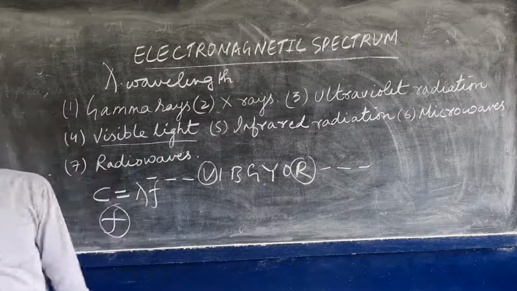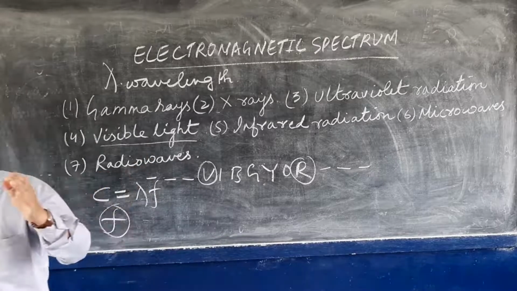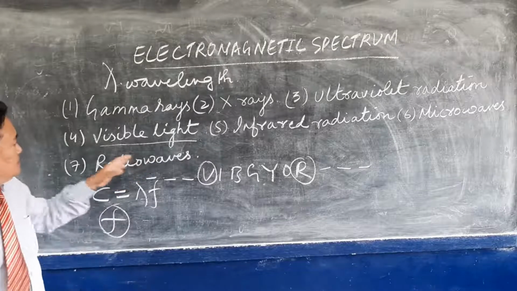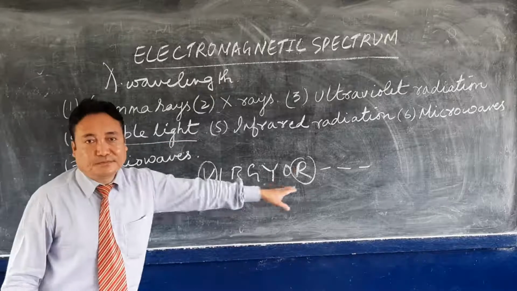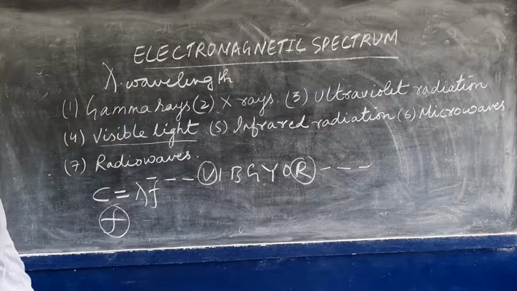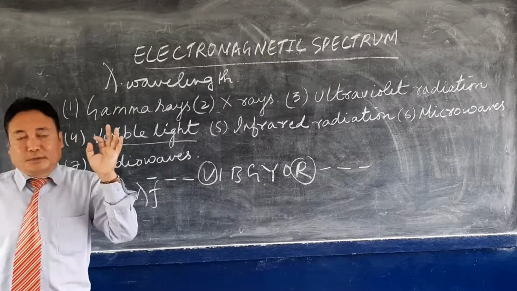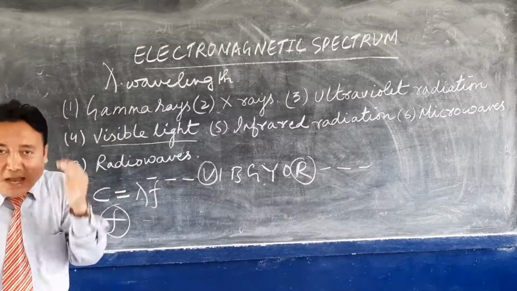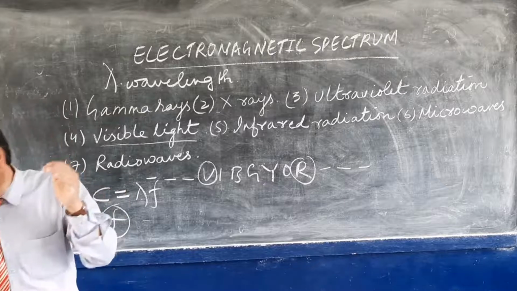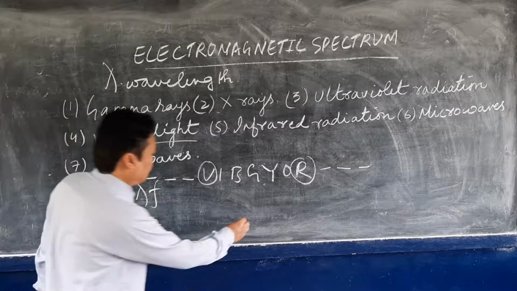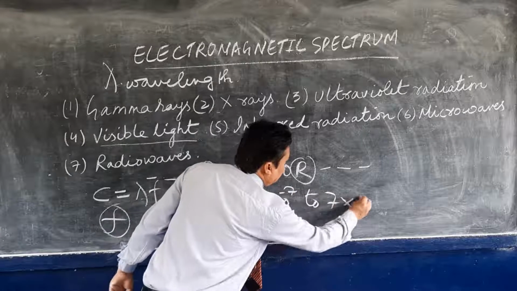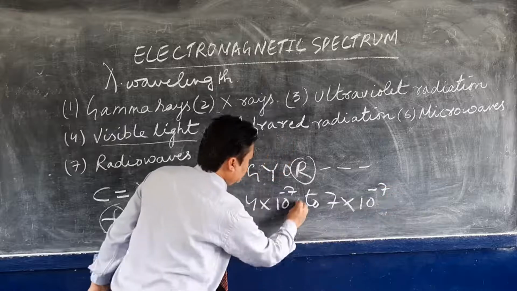Now let us come to the visible spectrum and invisible spectrum. The visible spectrum means the visible 7 different colors, because our eye can detect the spectrum having a wavelength of 4 into 10 to the power of minus 7 to 7 into 10 to the power of minus 7 meter.